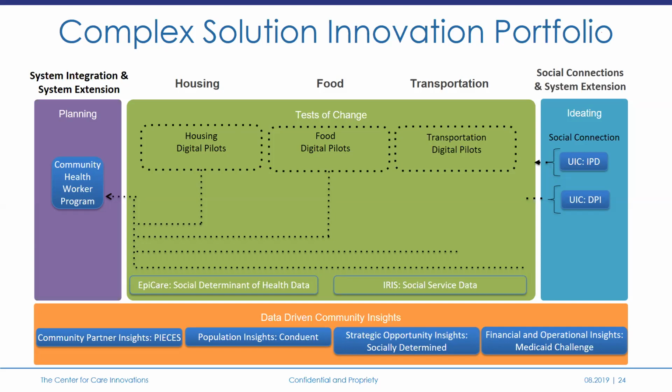Socially Determined is a data analytic platform that we're able to pair with things like this voice that we gathered, and then Conduit being a community platform for data as well as best practices when it comes to what has worked as community programs and what hasn't. And then again, back to that community partner with technology such as Pieces Iris, where it allows those in the community to know what's available to them.